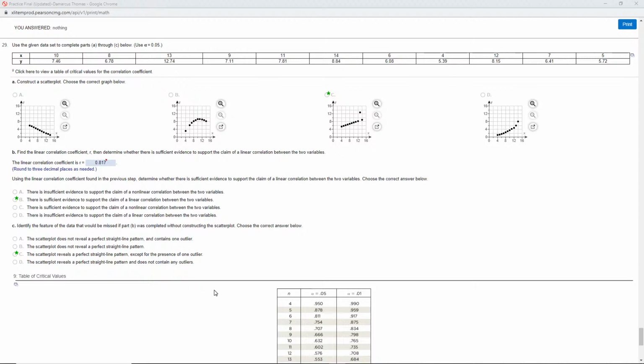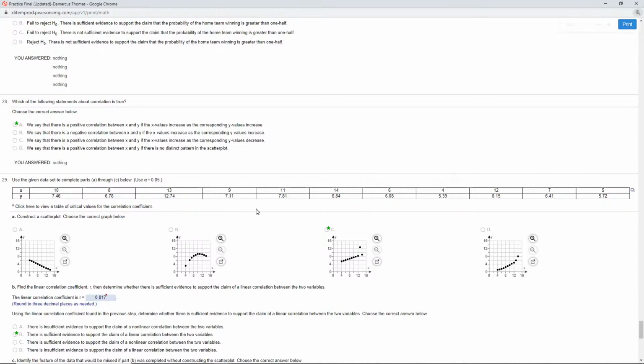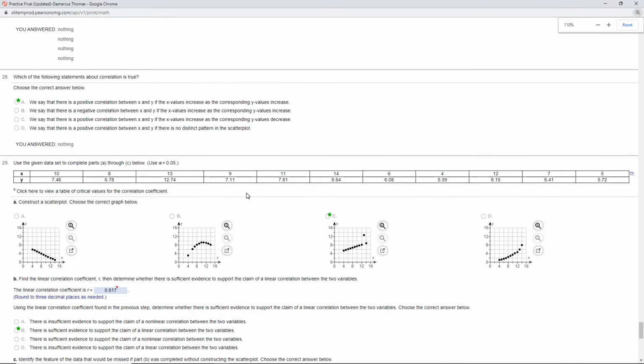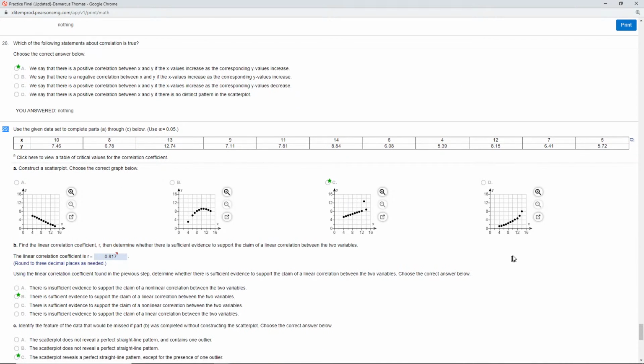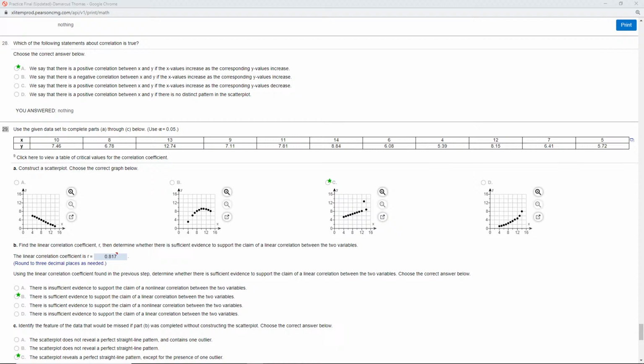All right, I think this was a good review. We will look at just one more, and that will be number 29. And for 29, let me see if I can, well, it may be really hard for me to copy it the way I want.